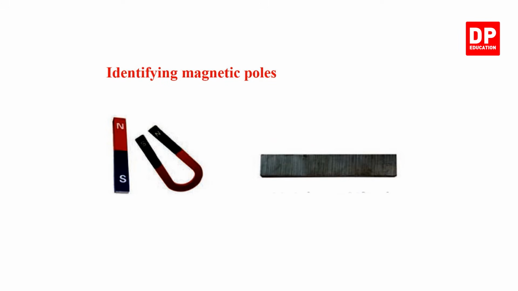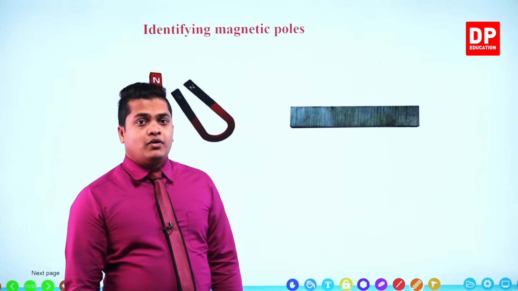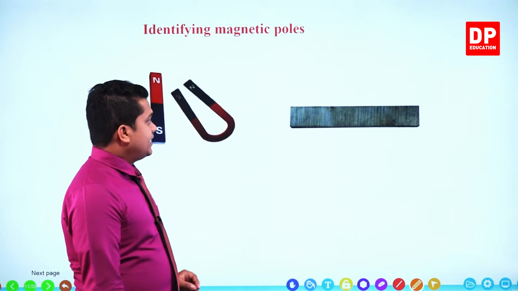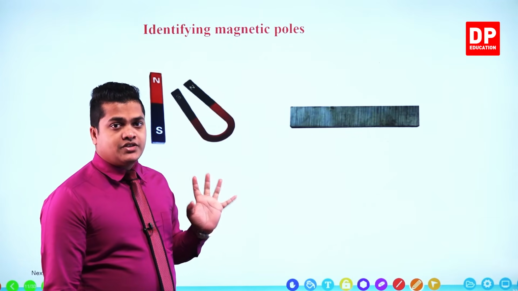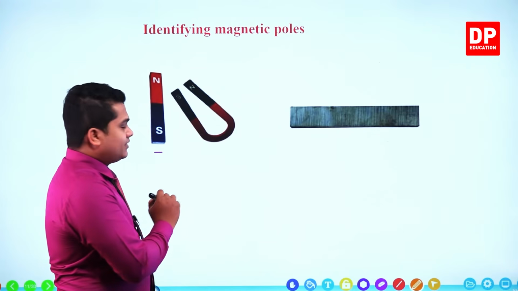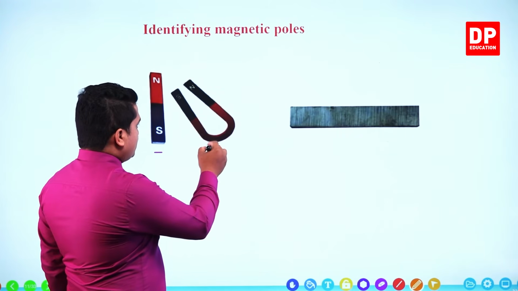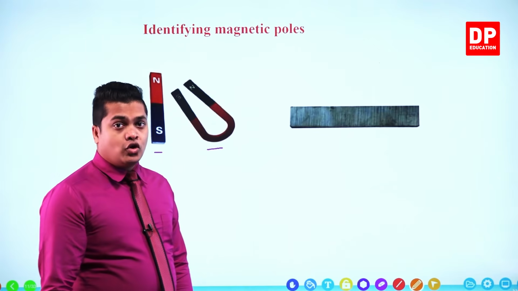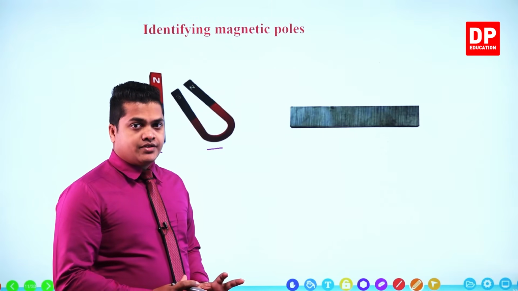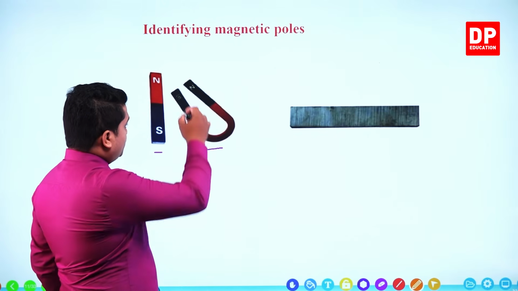Sometimes magnetic poles can be identified in a magnet like this. There are different shapes of magnets. This is called the bar magnet, and this is called the horseshoe magnet, like a horseshoe.